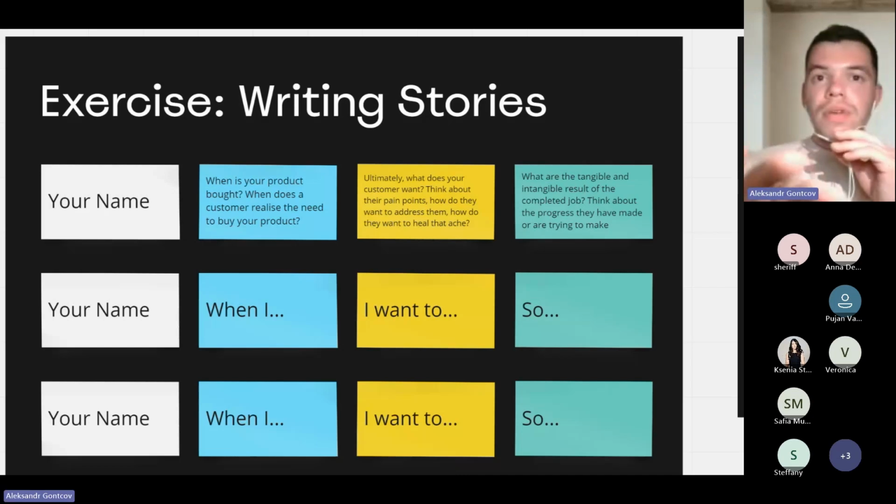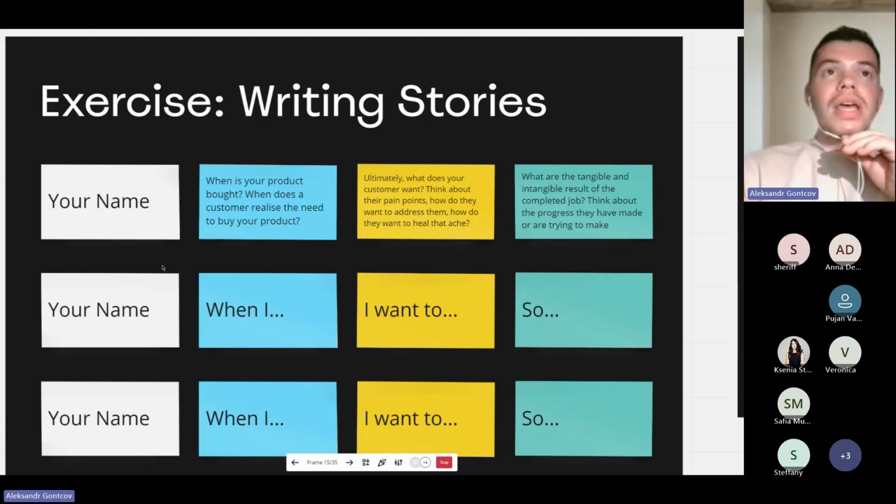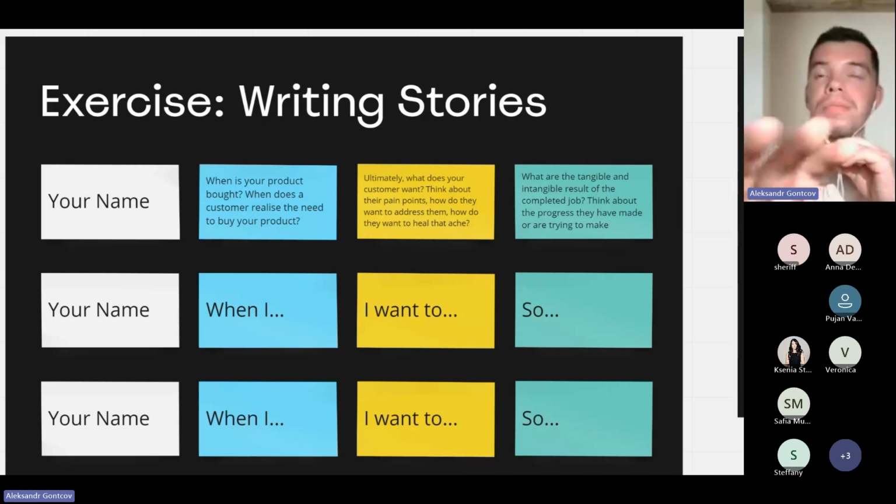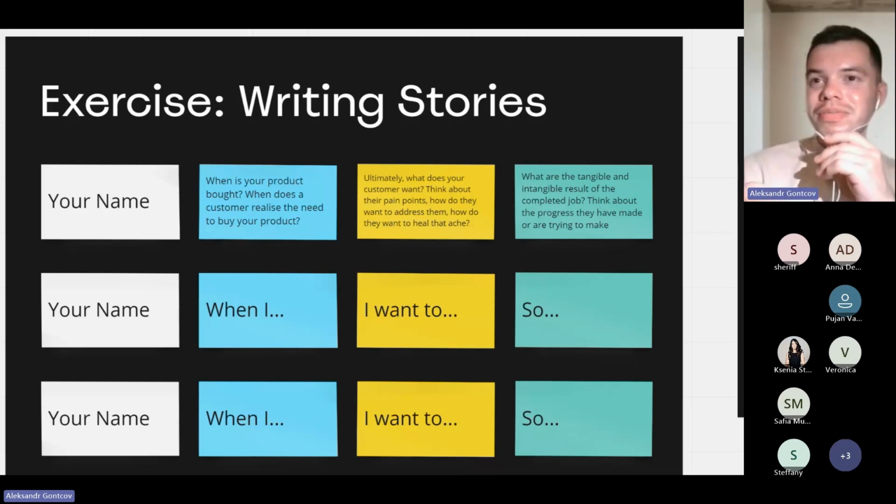If anyone wants to do that task with me, we'll do that. And you can just screenshot this form if you want to do that immediately on your own. And we, of course, will send you these materials later. So does anyone want to create their own job stories right now?